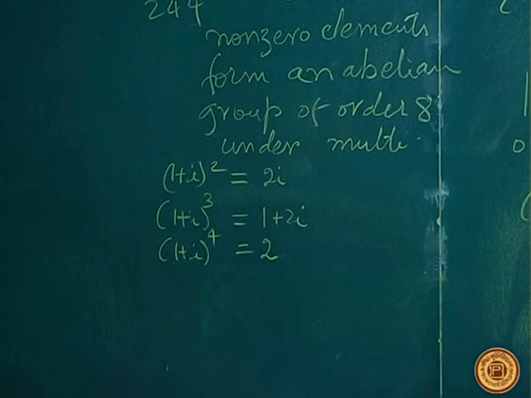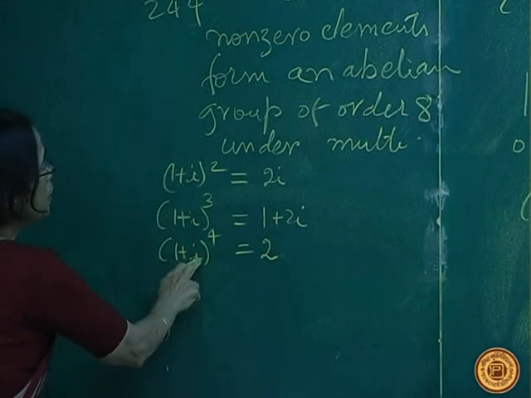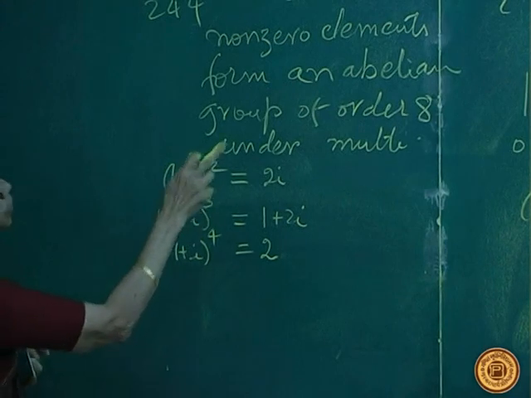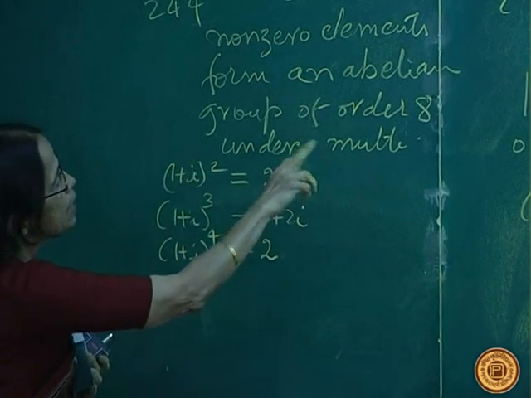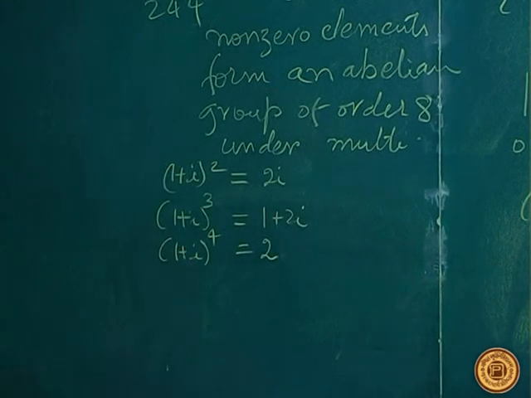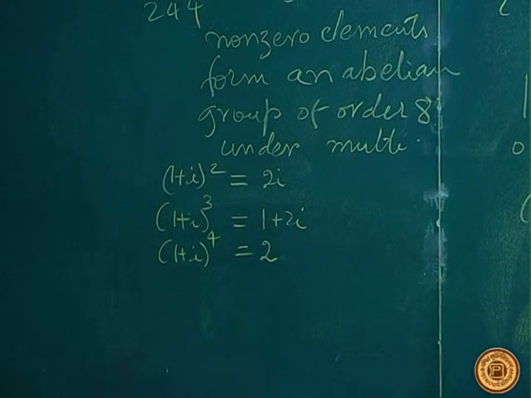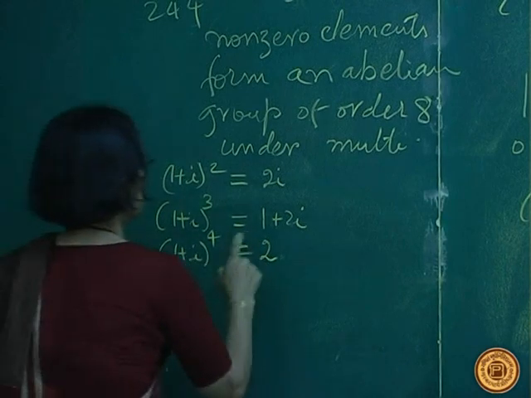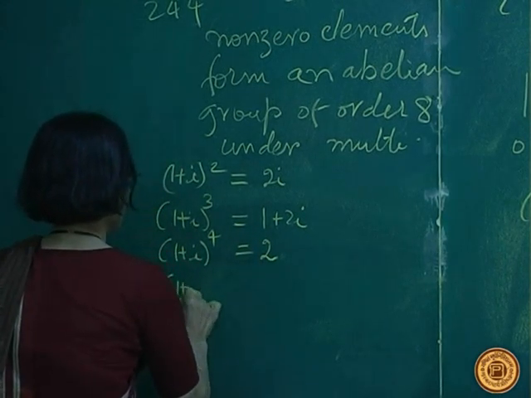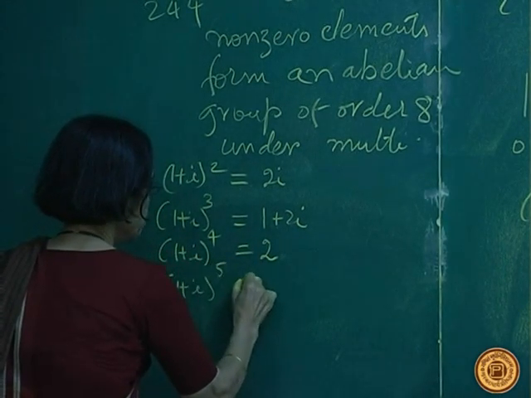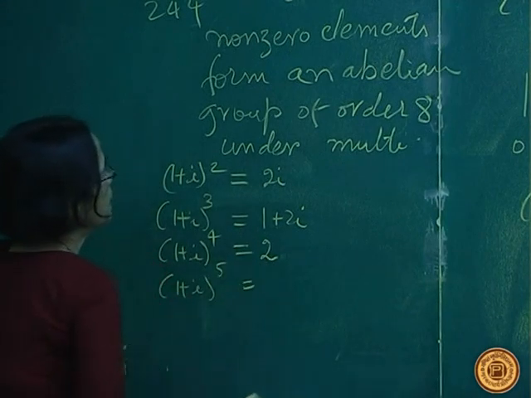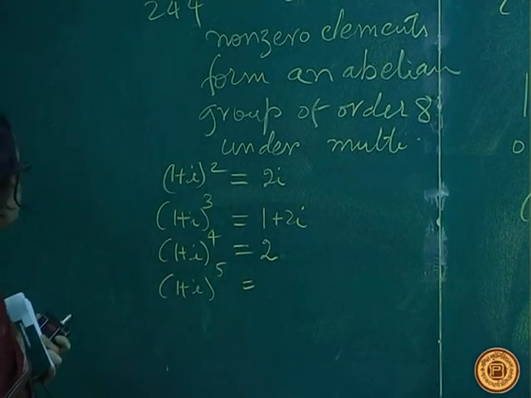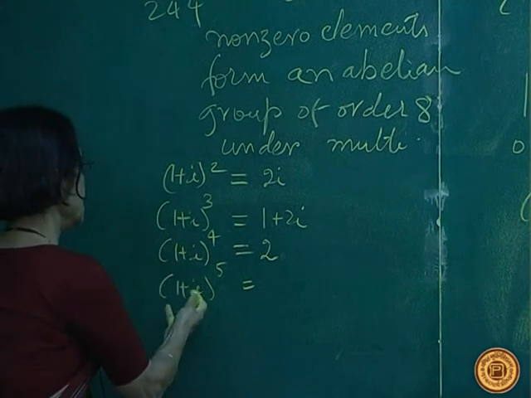So the order of 1 plus i is not 2 and not 4. So the only choice is that I know now that 1 plus i will have order 8, and I know it will generate the whole group of units. Let us just check. Fourth power gives me 2. Fifth power, I don't really have to check, because from elementary group theory I know now that the order is going to be 8.